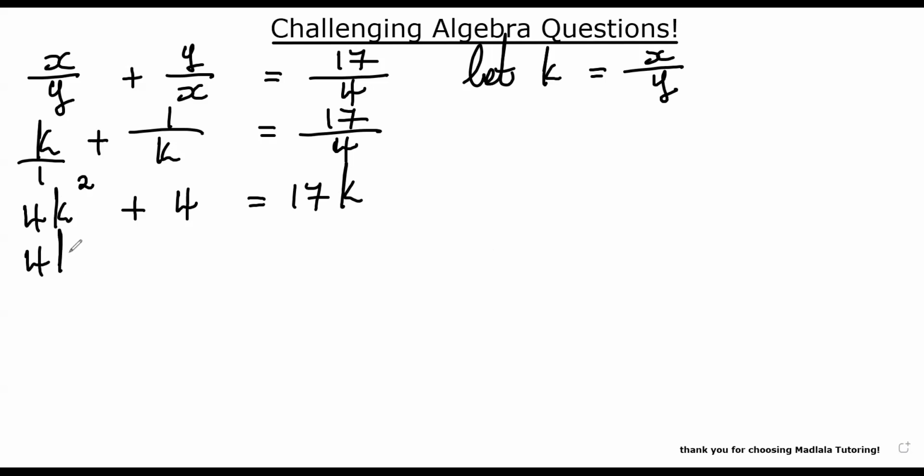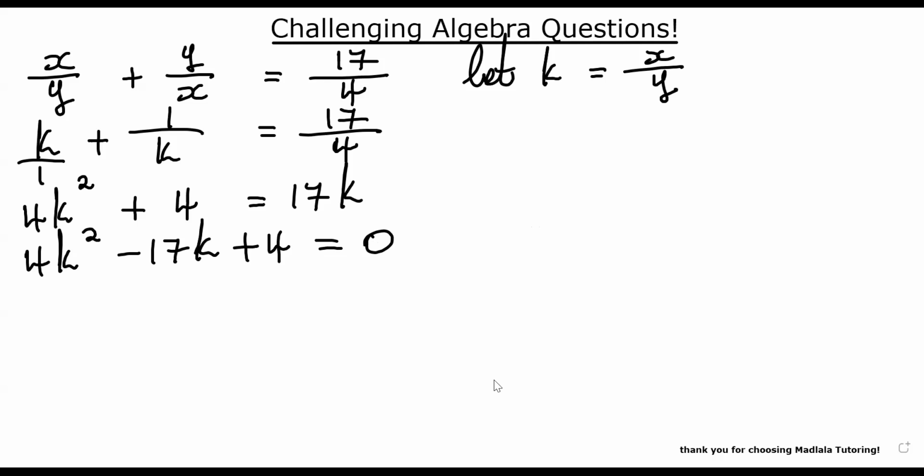And then you want to write this equation in standard form. So you take your 17k to the left-hand side. And this is what you have. Okay, fine. So how would you solve for k in this case?